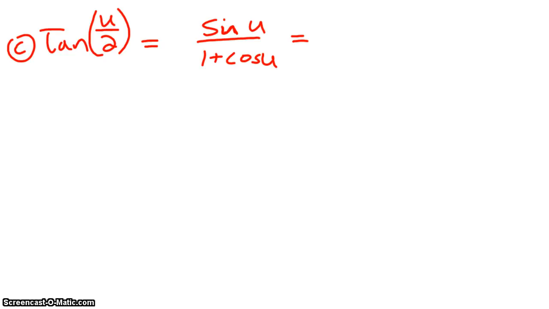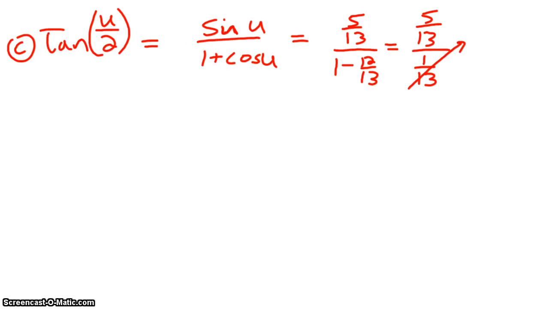Now we substitute in: we have 5 over 13 all over 1 plus a negative 12 thirteenths. Simplifying, 5 over 13 all over 1 over 13, multiplied by the reciprocal yields the answer of 5. So I hope these were helpful, and you have a great day.